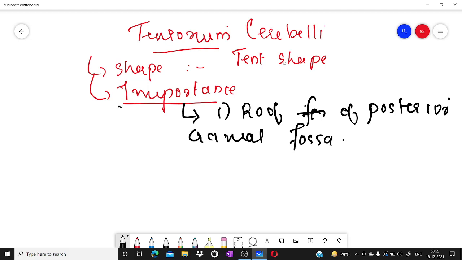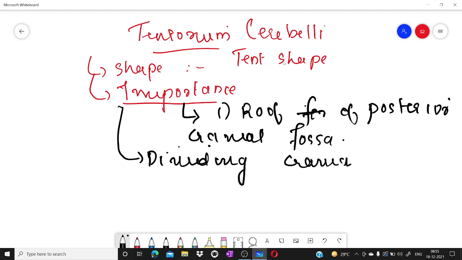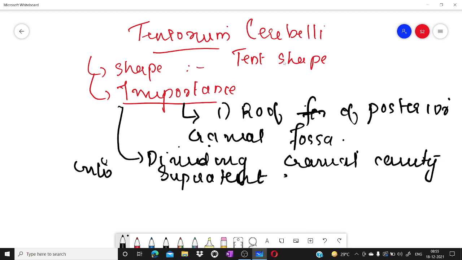And it is dividing the cranial cavity into supratentorial and infratentorial compartments.